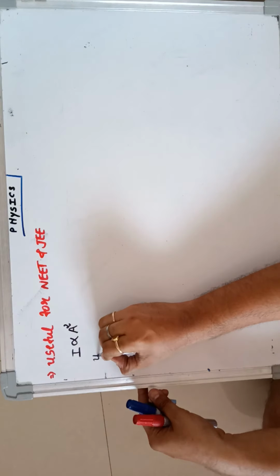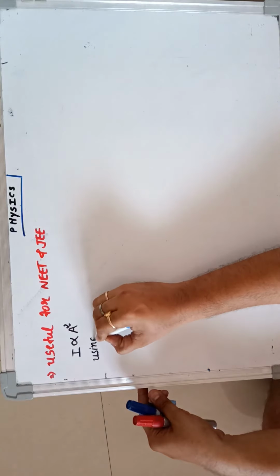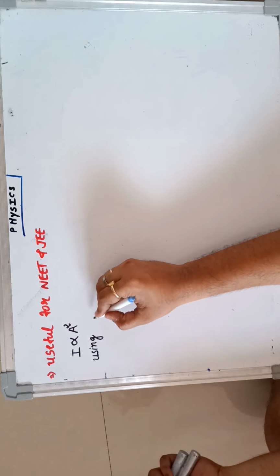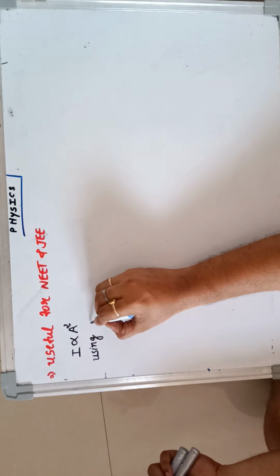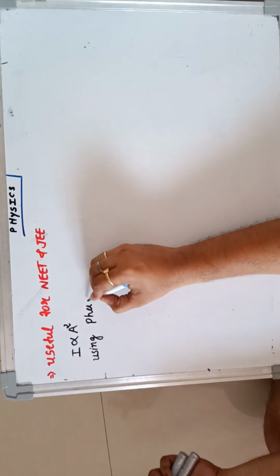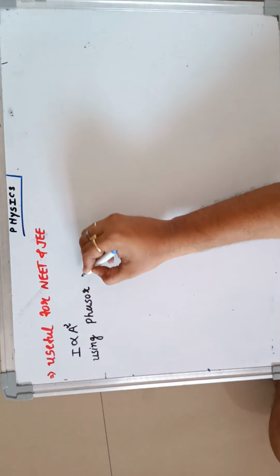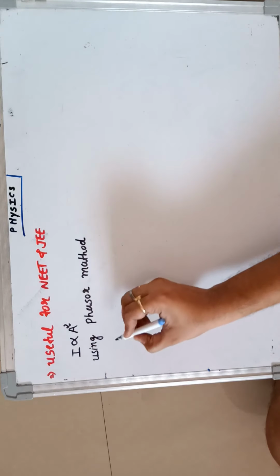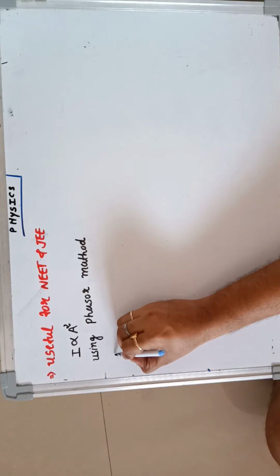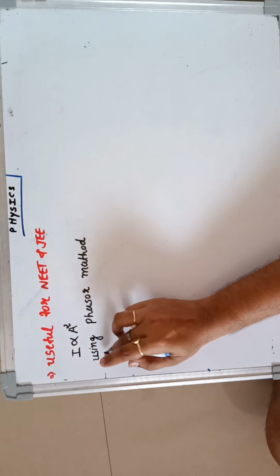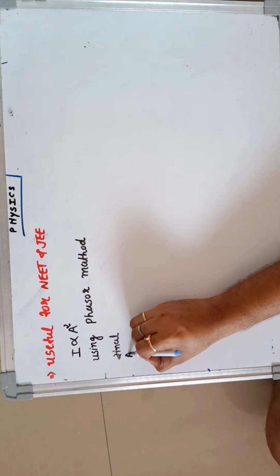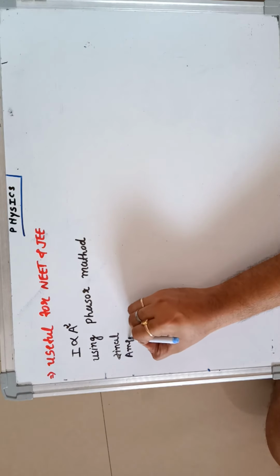Using the Phasor method, you do not have to study this method. It comes in chapter number 7, alternating current, but it is simple. We know this equation: the final amplitude, the final resultant, all are the same.